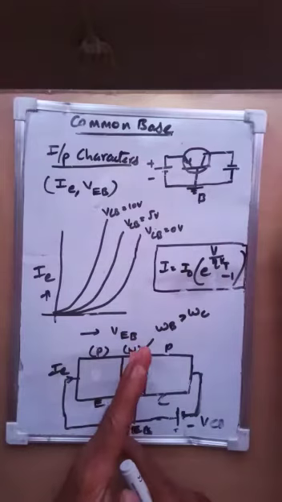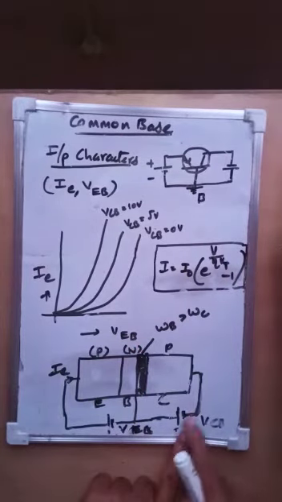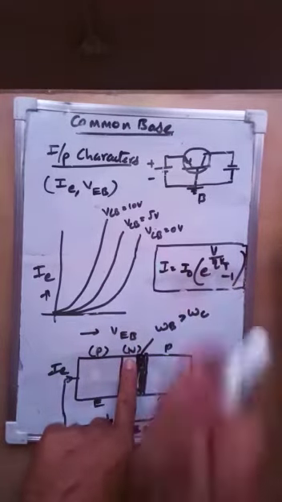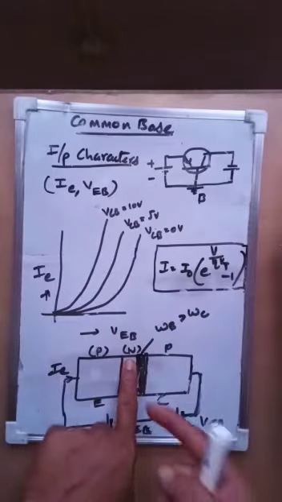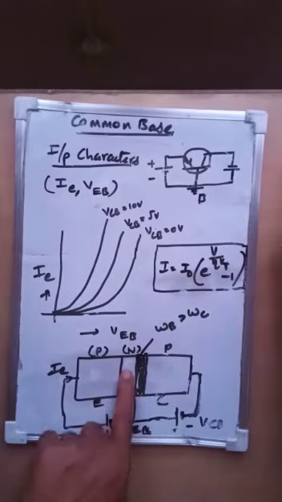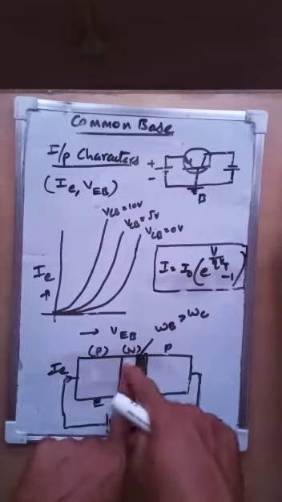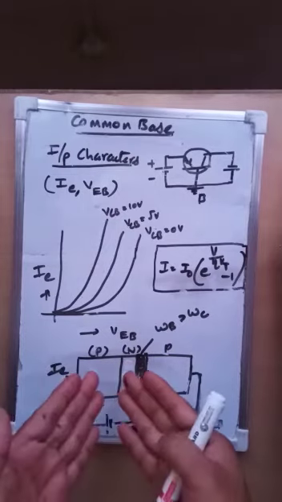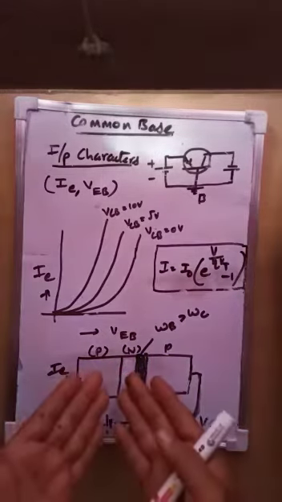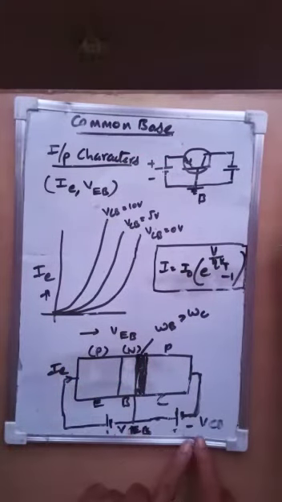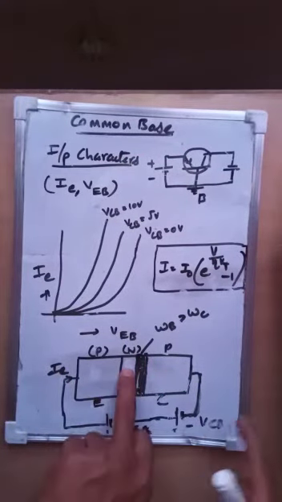In the past case when VCB is equal to 0, the 5 electrons are recombined with the 20 holes from the P side. Now 3 are recombined with the 20 holes, so the holes available in the base are 17, whereas in the previous case when VCB is equal to 0, the holes available are 15.